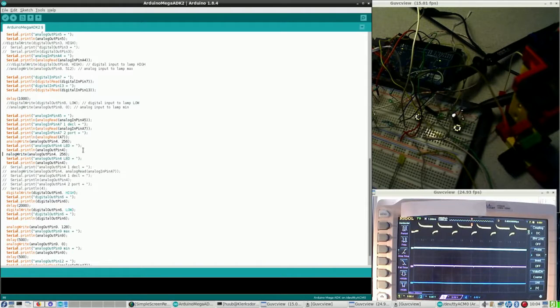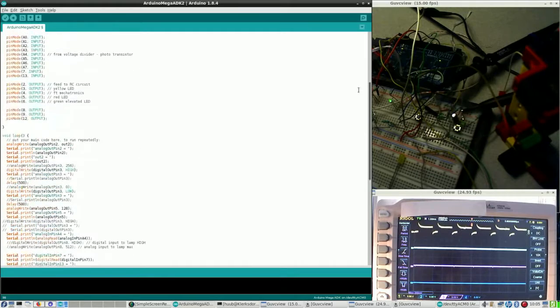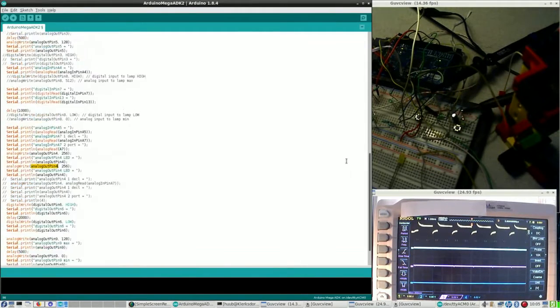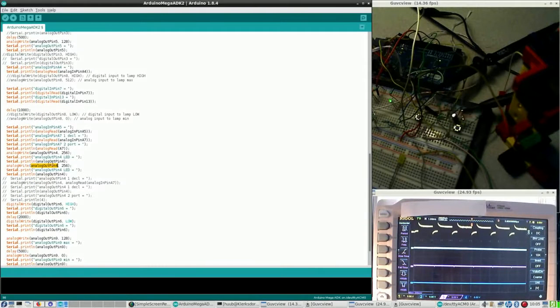Analog, right. And then I need to be sure that pin mode 4 is output. Yes, it is. 4 to 256.